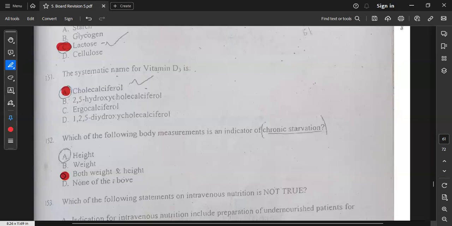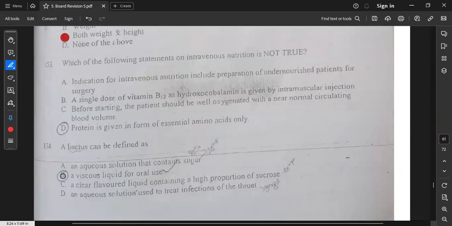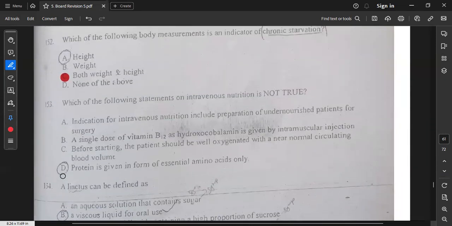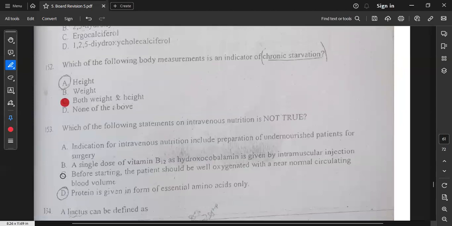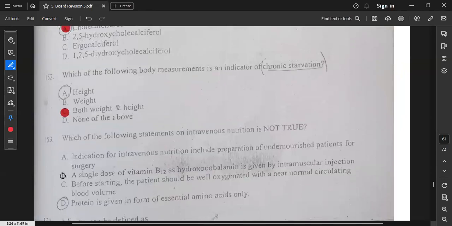Okay, so both weight and height, yeah? In case of starvation, someone's height will change despite their epiphyseal plates having closed, an adult.